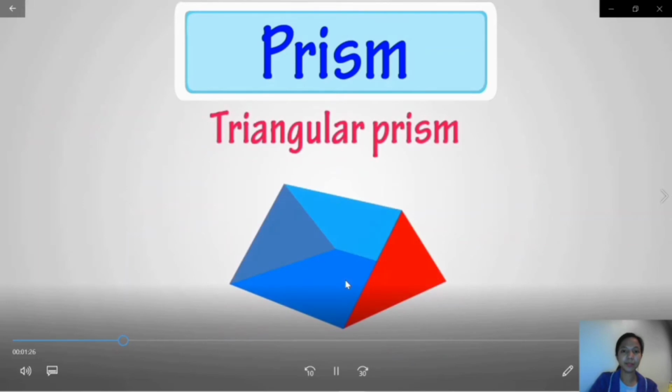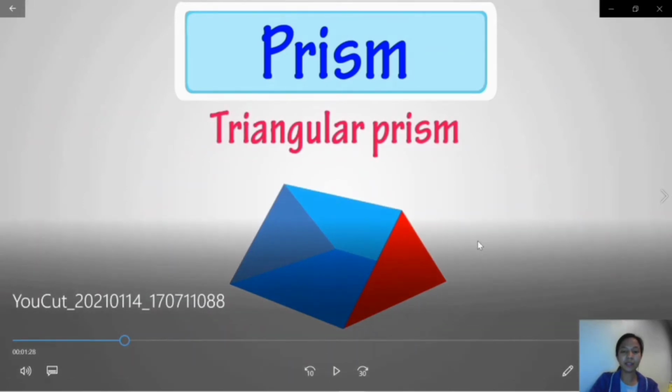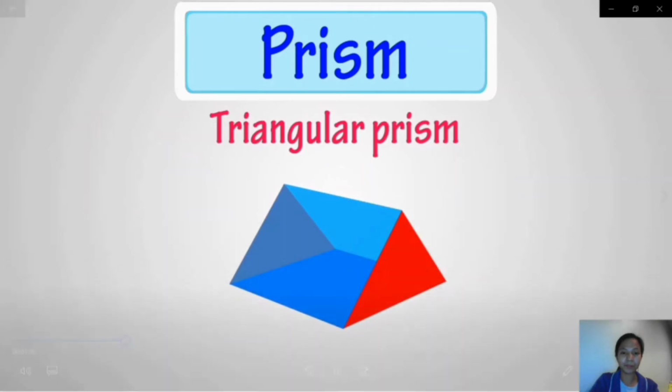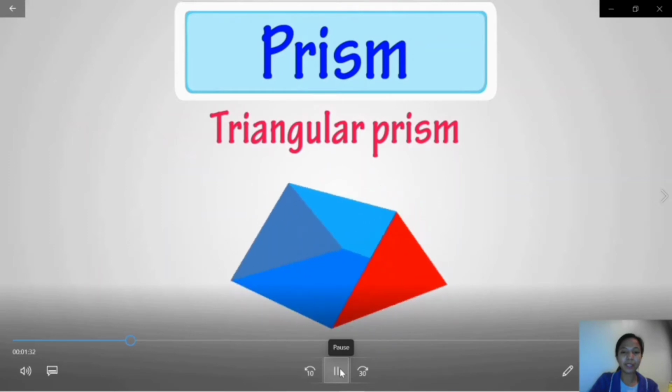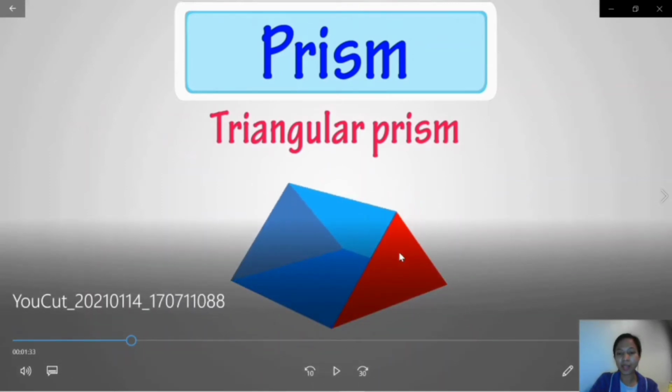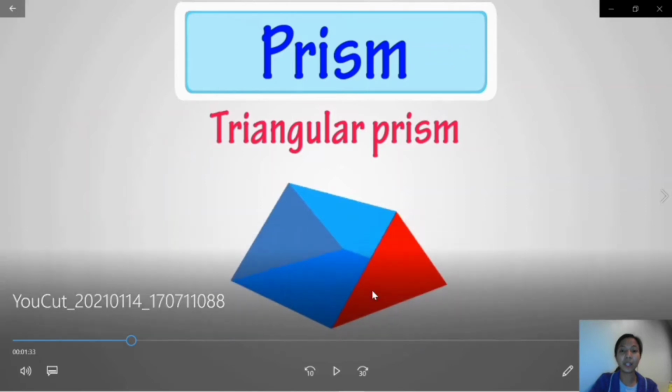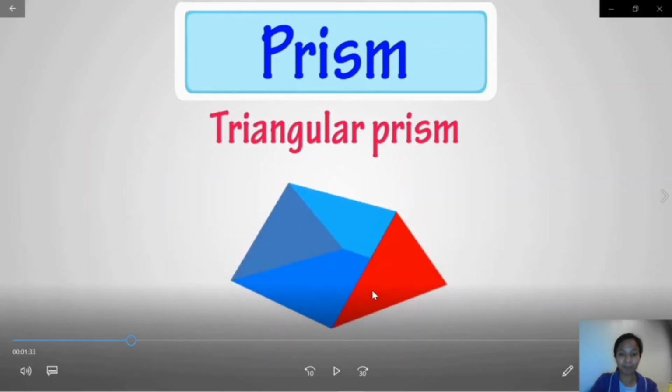Alright. So the first type of prism is the triangular prism. Why? As you can see here, this face and the face at the back, the top and bottom, are in triangle shape.